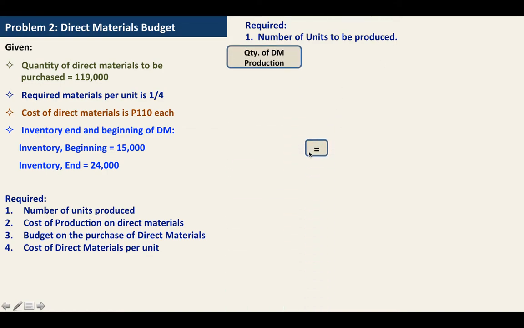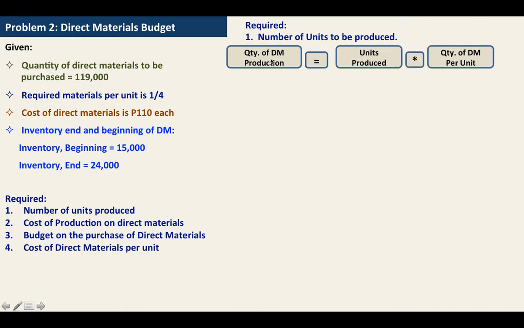This is what the simple formula provides. Quantity of direct materials in production is the number of units produced, this is what we are looking at, times the quantity of direct materials per unit. If we substitute, we don't know the quantity of direct materials in production.